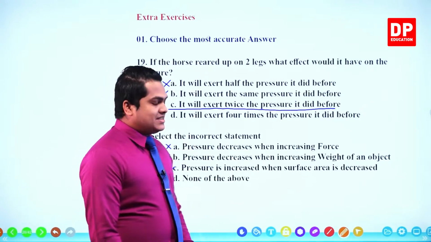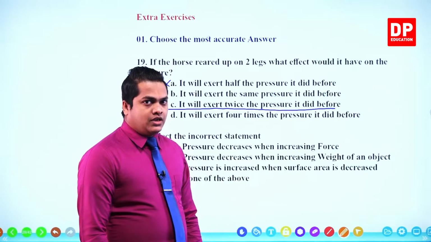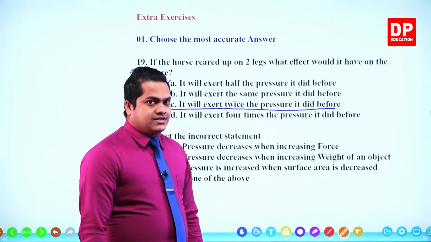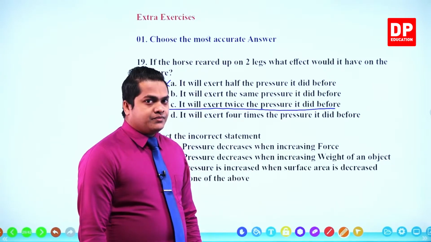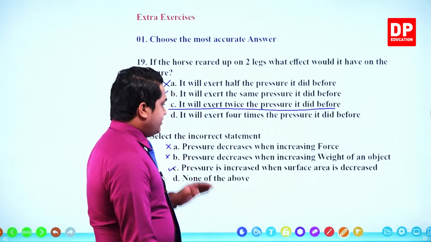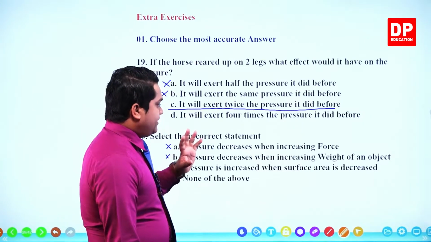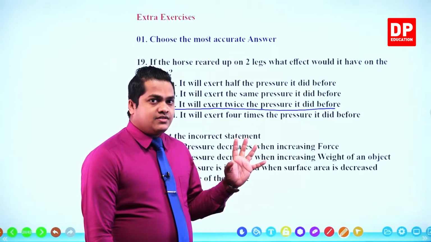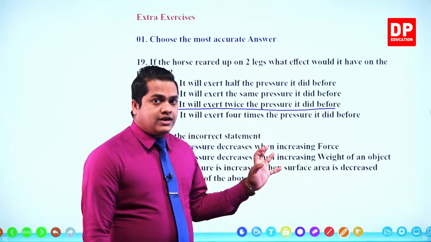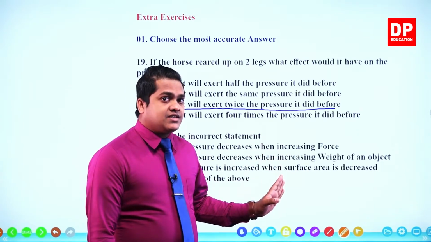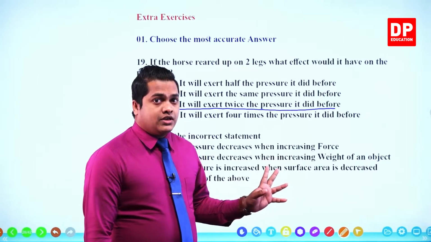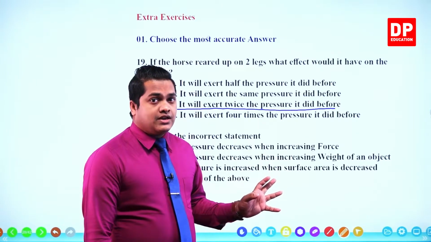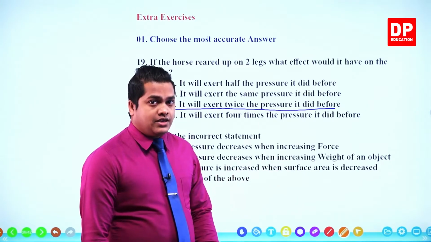So, in these cases, my dear children, what do you have to do? Don't just read the question and if the answer is there in the first place, then don't go for that answer, just read the other options as well. There might be 2 or 3. So, in that case, the accurate answer will not be the one that you are thinking.